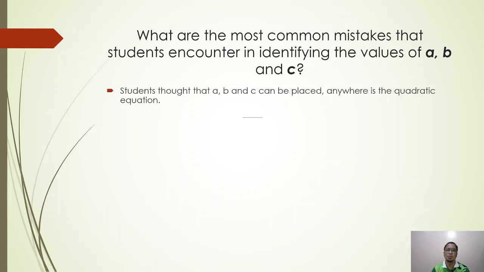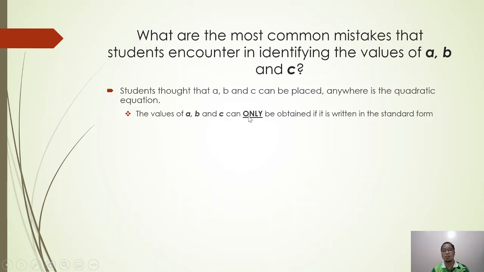So ano ba yung dapat talaga? Eto, the values of a, b, and c can only, pag sinabi nating only, sa ganitong pagkakataon lang natin makukuha yung exact values ng a, b, and c, can only be obtained if it is written in standard form.